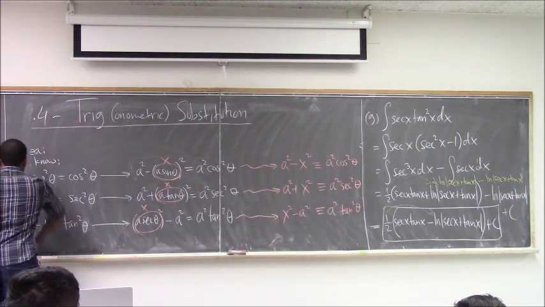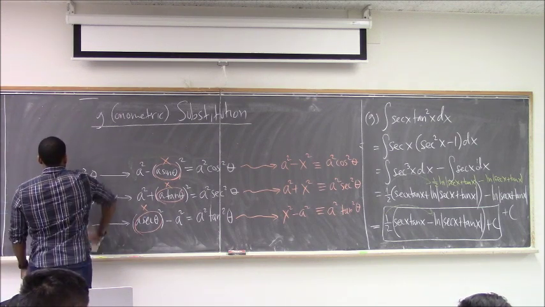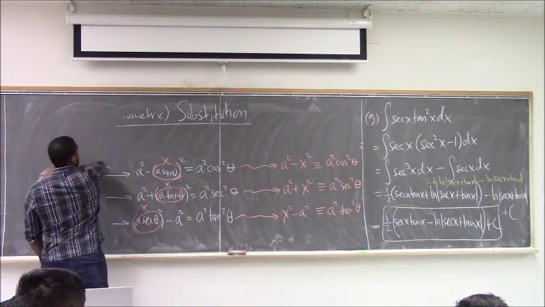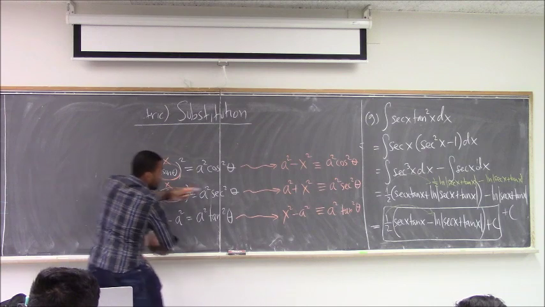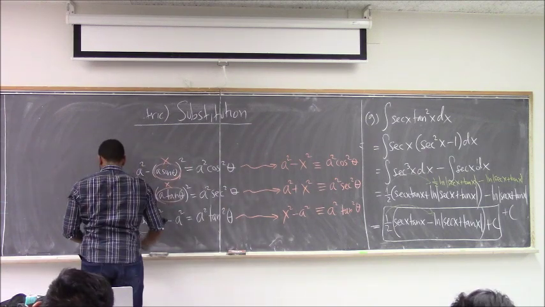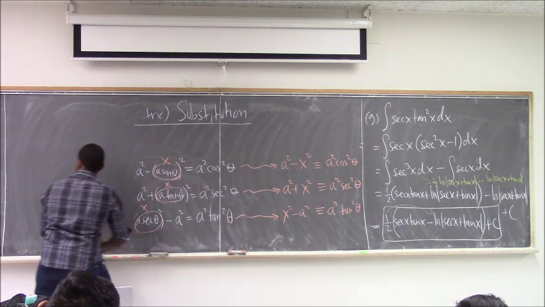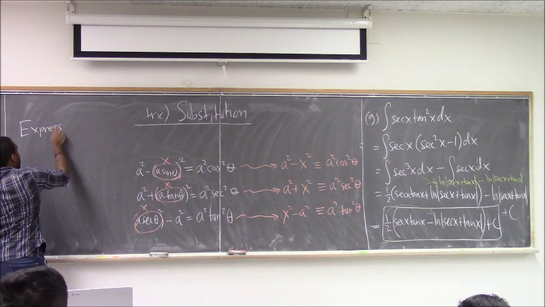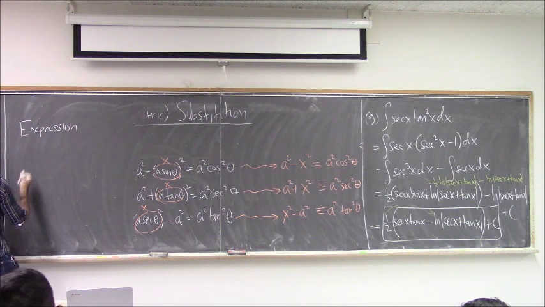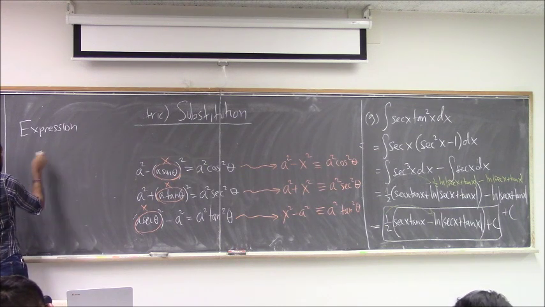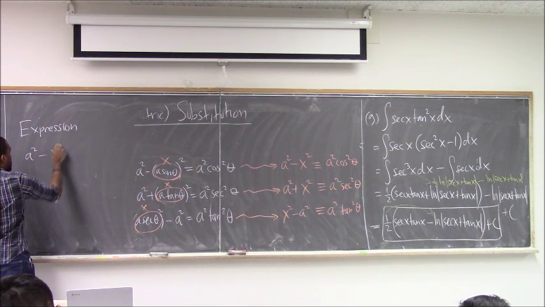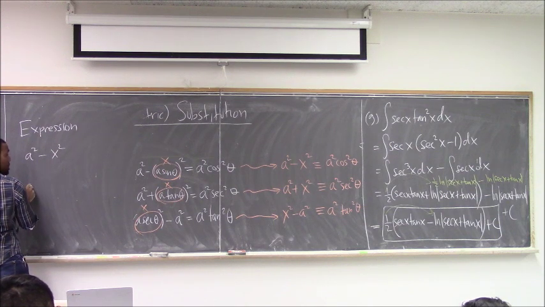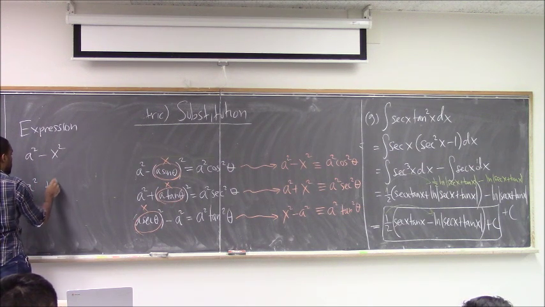So here's how we're going to actually make this idea useful. These expressions are now going to be very important to us. So we can create a table with a certain expression. One possible expression is going to be like the a squared minus x squared. Another possible one is going to be the a squared plus x squared.